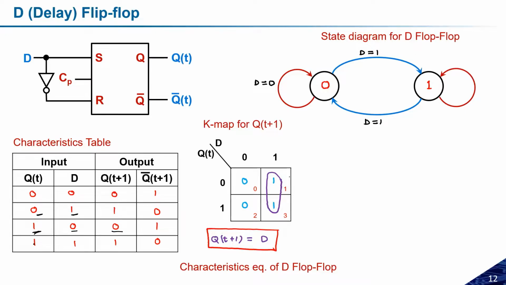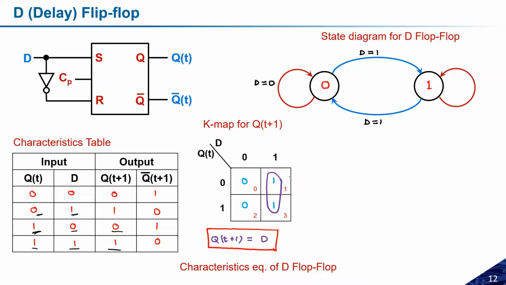And the last one, if you see, if the present state is 1, the next state will become 1 if d is equal to 1. So it will maintain the same thing if d is equal to 1 here. I think I made one mistake, right? Yeah, 0 0, 0 1.